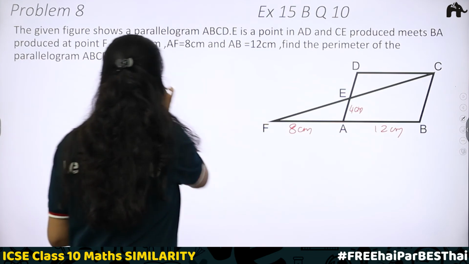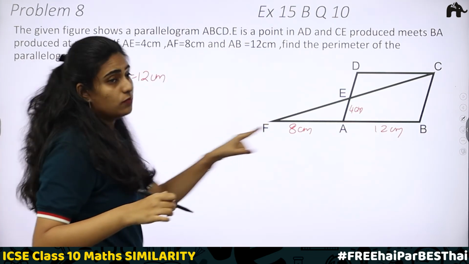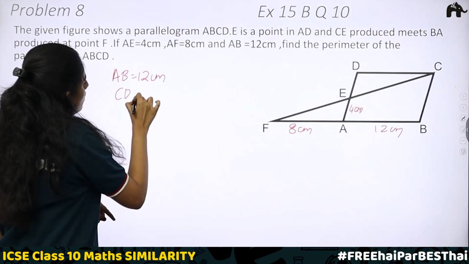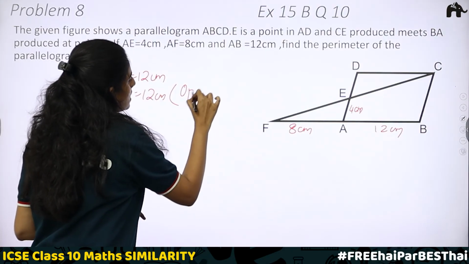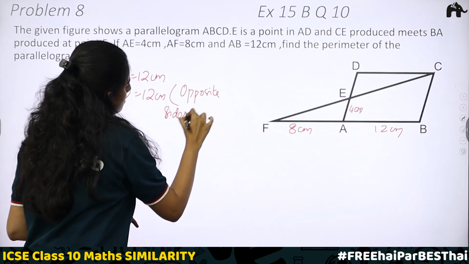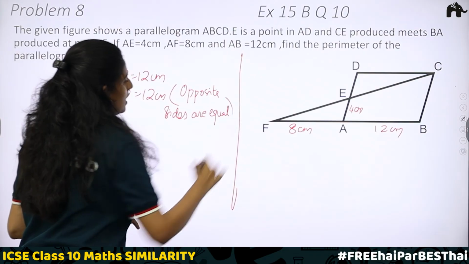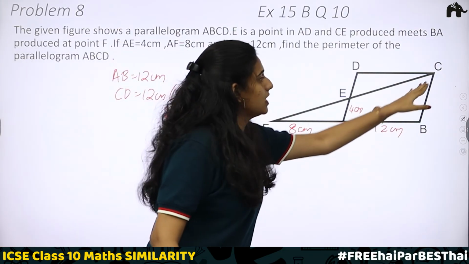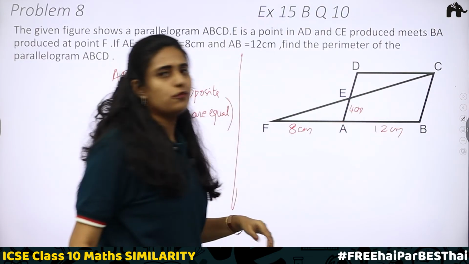AB is equal to 12 centimeter, which means CD will also be equal to 12 centimeter, because in a parallelogram, opposite sides are equal. So we got two sides. We need to find AD and BC. How to find AD and BC?